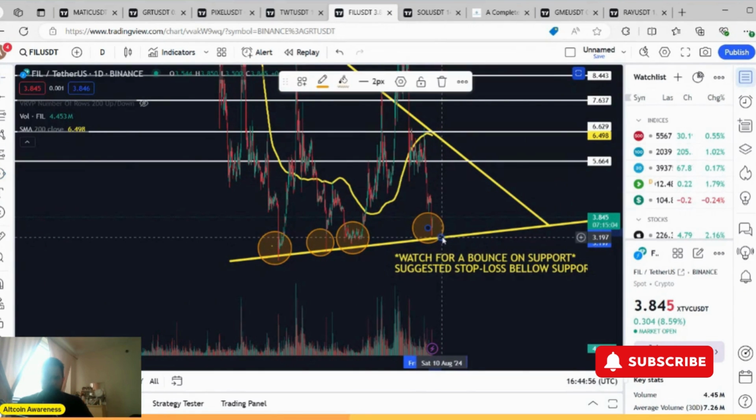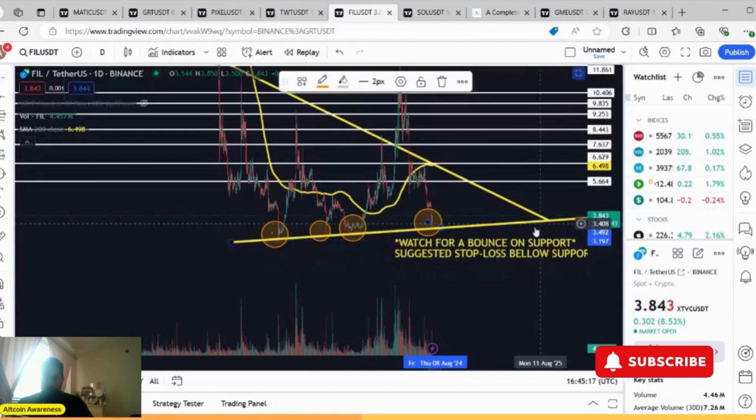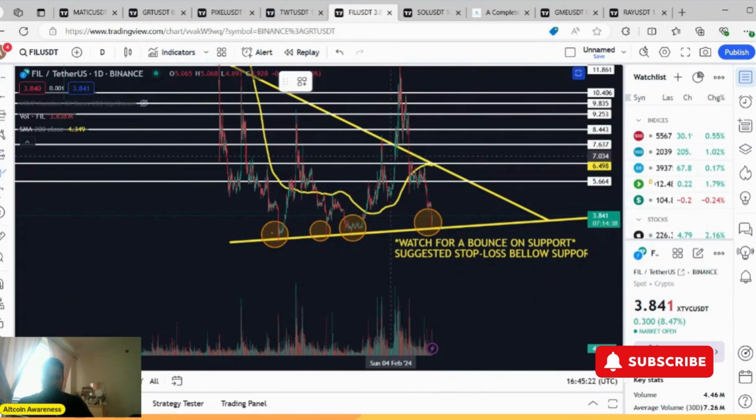Okay? If you want to trade this aggressively, I think this is a very good time for you to start scaling in. Okay? Filecoin, just like many other altcoins, is currently at range lows. So it makes sense to start scaling in now. However, if you want to play this safely, I think it's better if you wait for the price action to start breaking above this triangle.